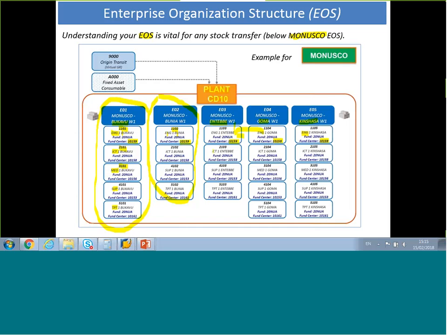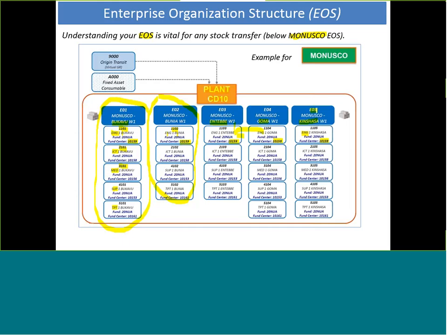So it's important that you understand that stock is held in each storage location, and then each storage location is linked to the fund center that is the owner of the stock, right? And then in blue, you have the warehouses. So there is a warehouse per region that manages the physical location of the items belonging to each storage location.